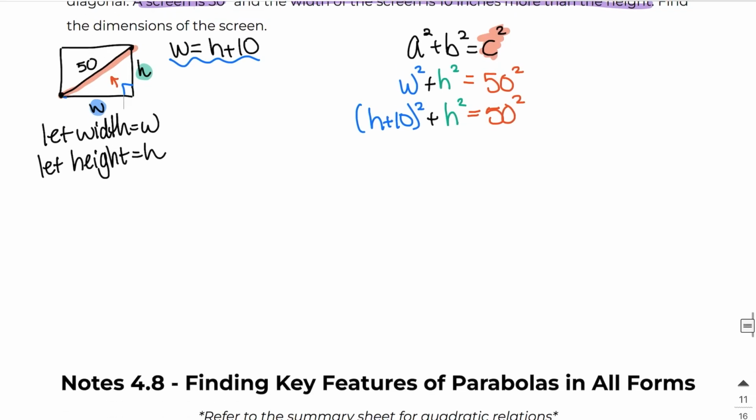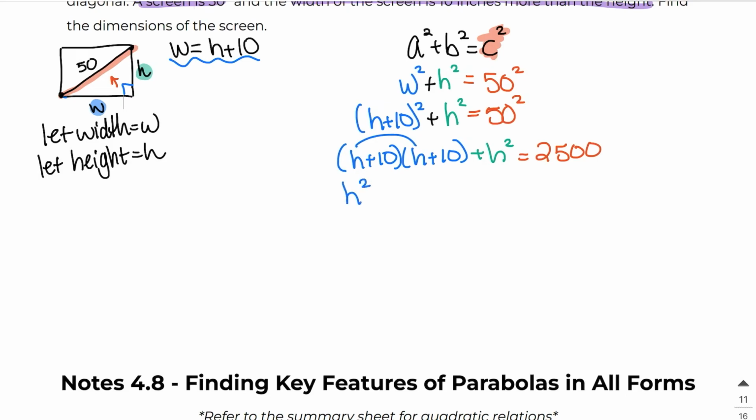Don't forget that (H plus 10) squared does not mean H squared plus 100. That is incorrect. What this means is I'm going to do H plus 10 and multiply it by itself. So I'm going to do H plus 10, multiply that by H plus 10, and then plus another H squared, and that would equal 50 squared, which is 2500. So I need to expand this.